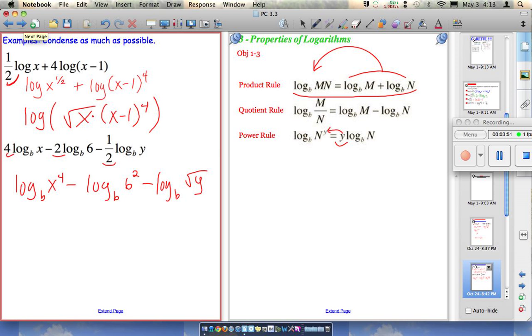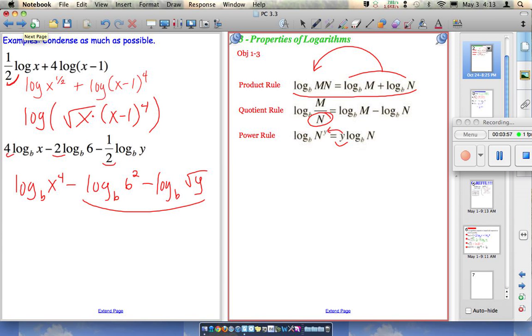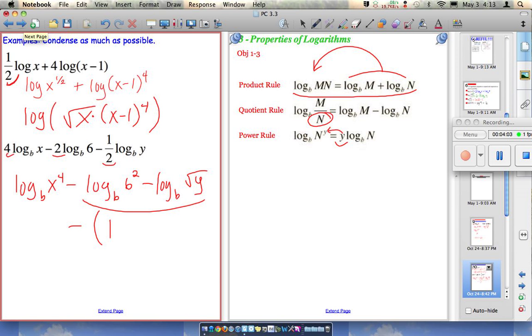So since both of these terms are being subtracted, they're actually both going to be in the denominator when using the quotient rule. Another reason why is the subtraction. We could factor out the negative and rewrite this as 6 squared, really plus now, because we're factoring out this negative, log b of the square root of y.